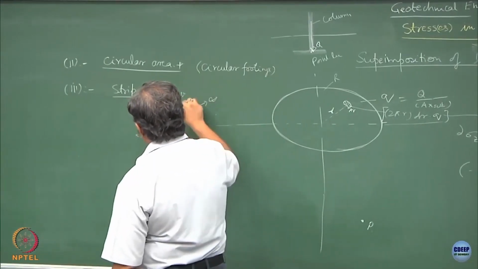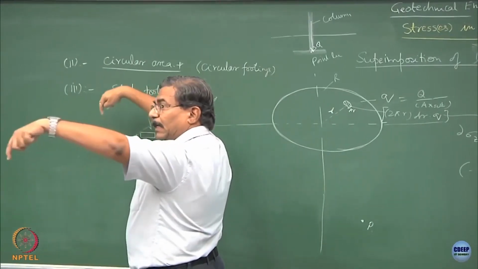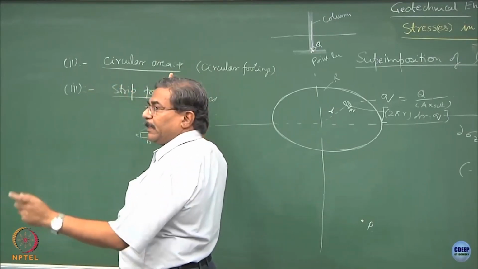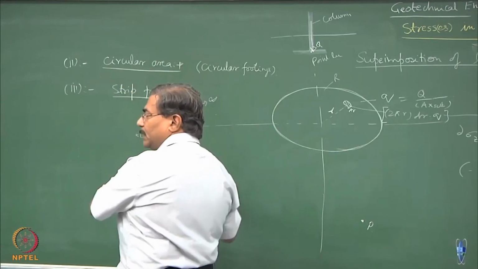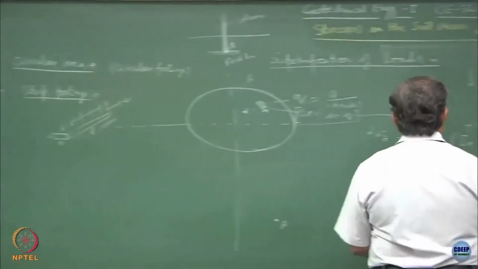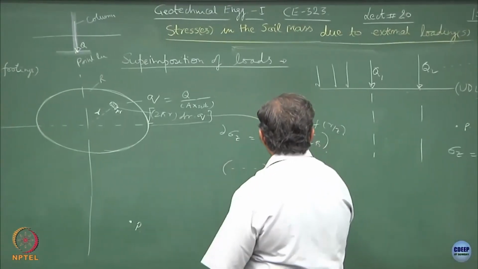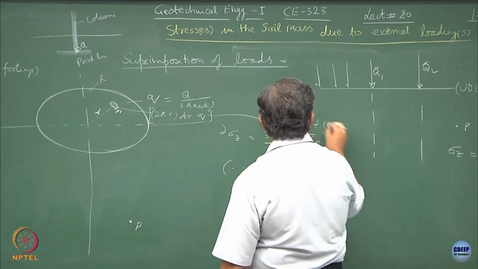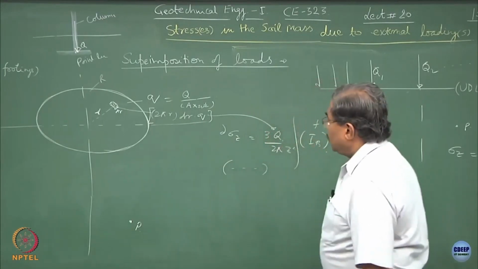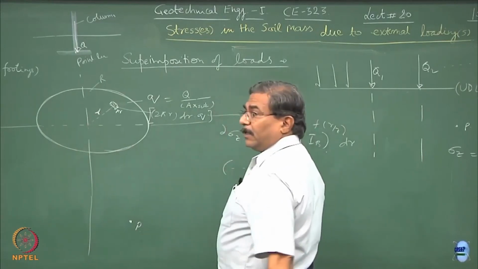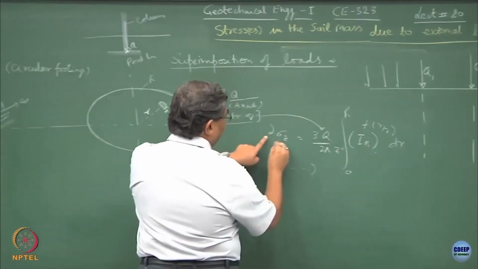Now this again has become a line load situation. Clear? So you can integrate over all intermediate Q values and you can find out the stresses acting at a point. What is going to change is, I hope you will realize, this dr term which is going to come over here, when you integrate it, this is going to be dr. So here r has to be from 0 to r, clear, and what about this z term?